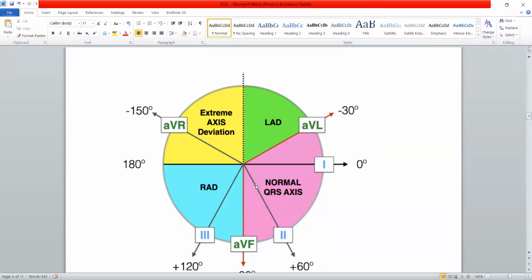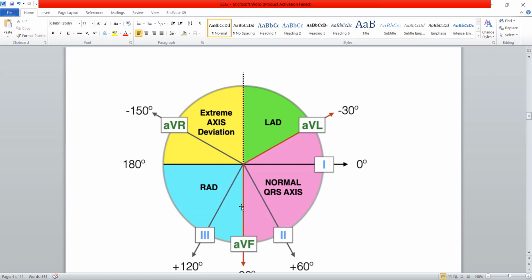Now, again, let's look at lead AVF. The QRS complex in lead AVF is negative. What does a negative QRS in AVF mean? You can use lead 2 in place of AVF according to the Plab keys criteria. So the QRS complex is negative in AVF. What does it mean?